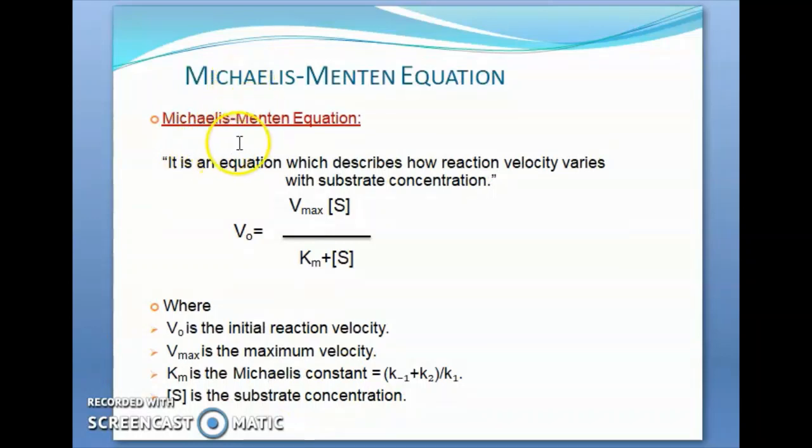Michaelis-Menten equation. It is an equation which describes how reaction velocity varies with substrate concentration: V0 is equal to Vmax times substrate concentration divided by Km plus substrate concentration, where V0 is the initial reaction velocity, Vmax is the maximum velocity, Km is the Michaelis constant, (k-1 plus k2) divided by k1, and S is the substrate concentration.